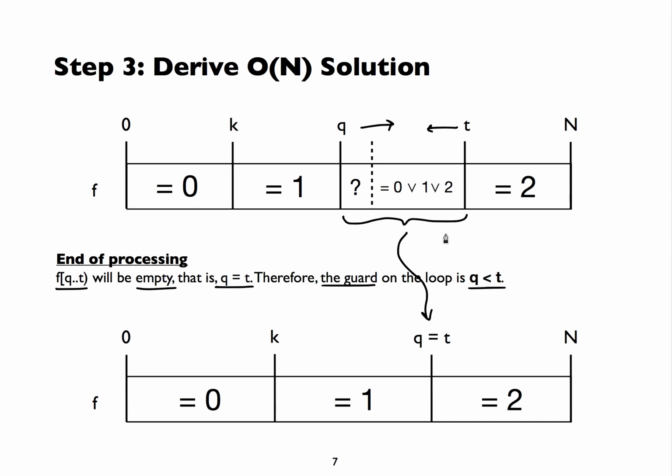So we'll continue to process as long as q is less than t. When q equals t, there'll be nothing left to process and we'll be finished.